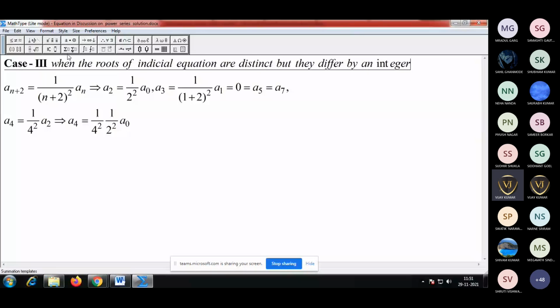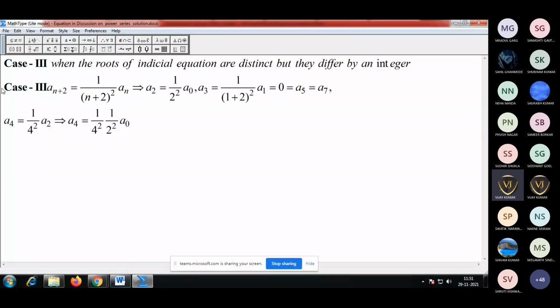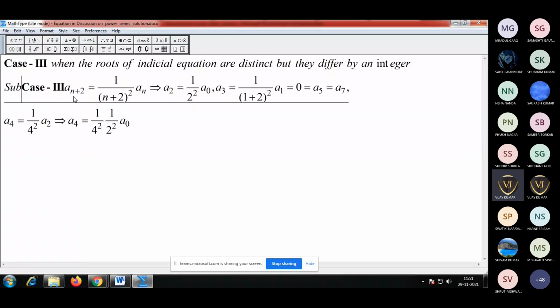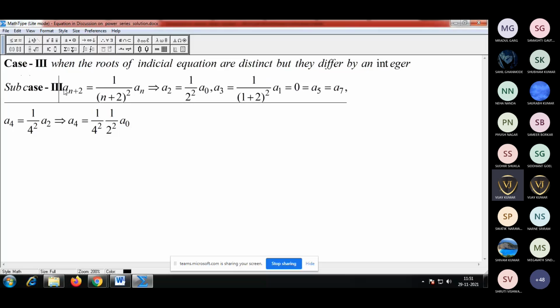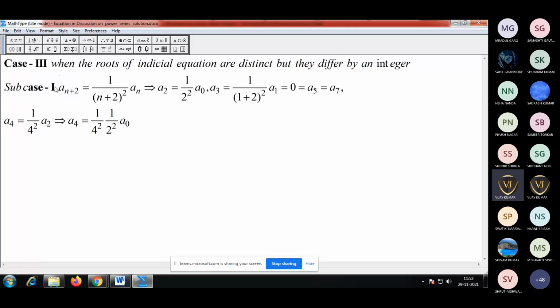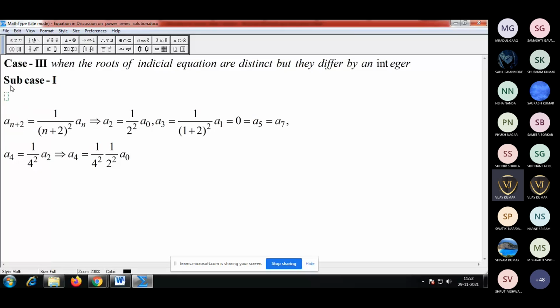So if you all permit me, I may classify it as subcase 1, and I will clear this subcase 1 with the help of an example. Subcase 1, you may note down a question.